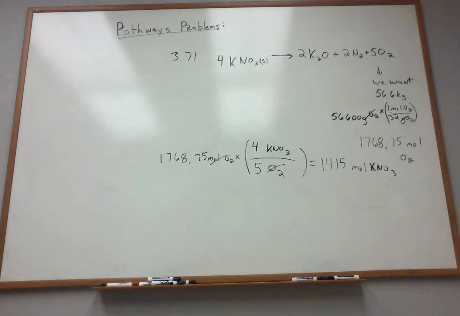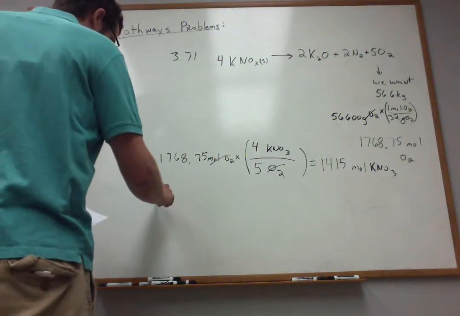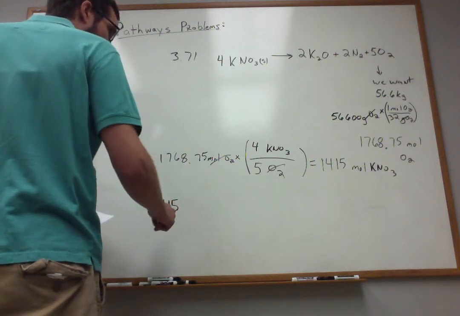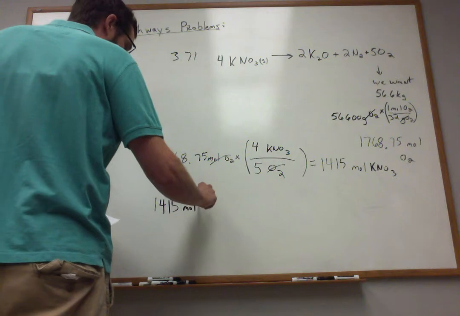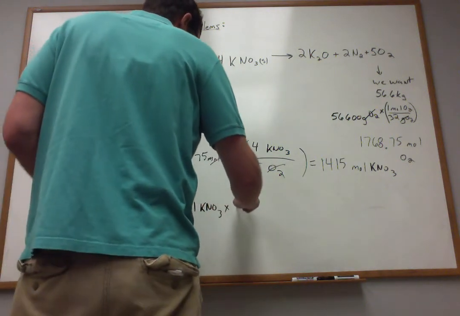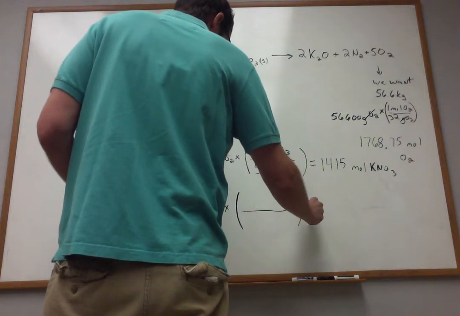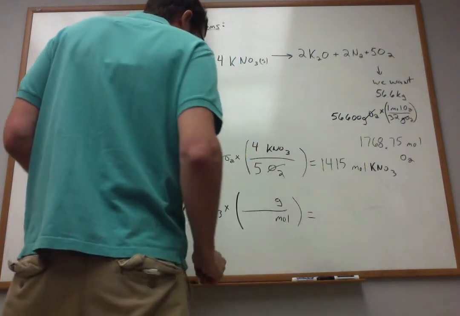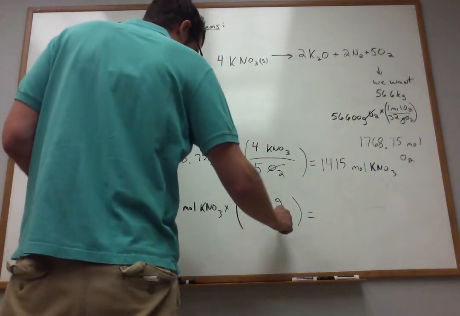Now, the next question is how many grams do I need? This becomes, again, a pretty simple moles to grams conversion. I have 1415 moles of KNO3, and I need to go to grams.